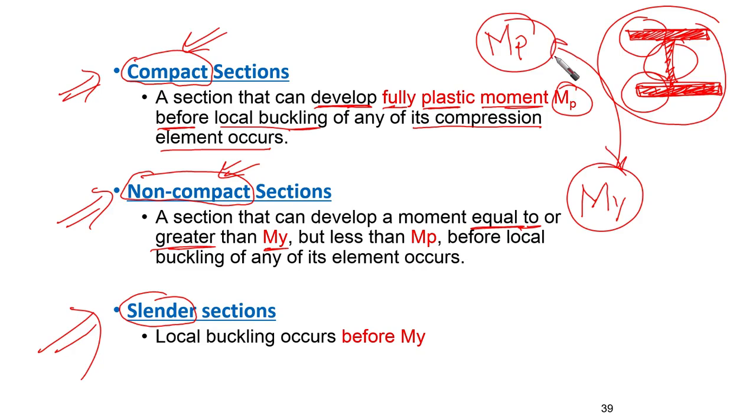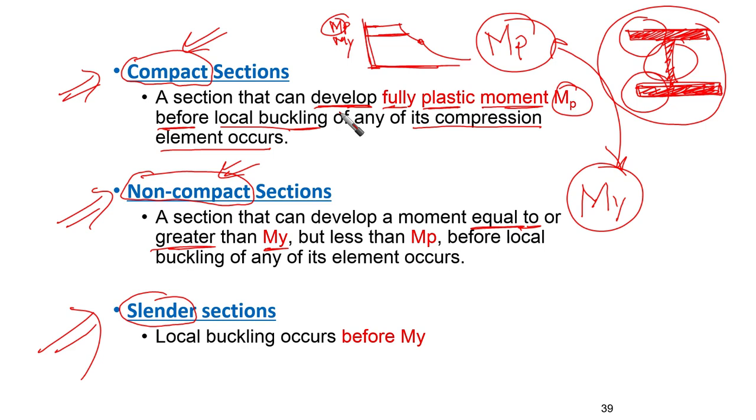I'm going to show you in a minute, but remember that MP is higher than M yield. I'm going to draw it. Maybe this is M yield, for example, and here MP, plastic. We're going to find that the compact section can develop the full plastic moment.